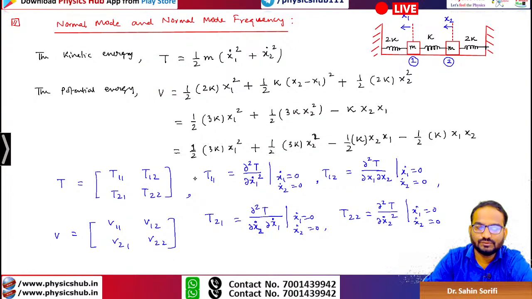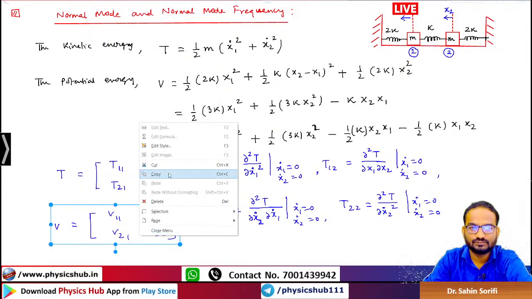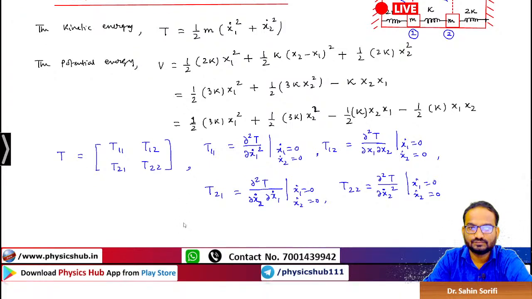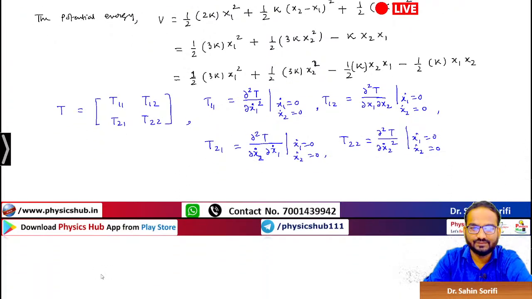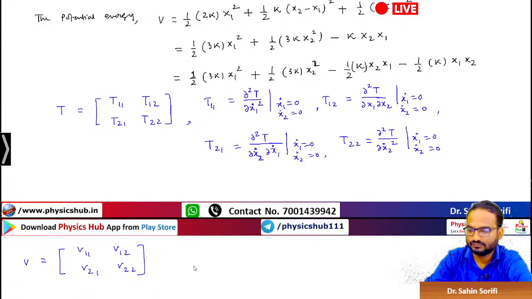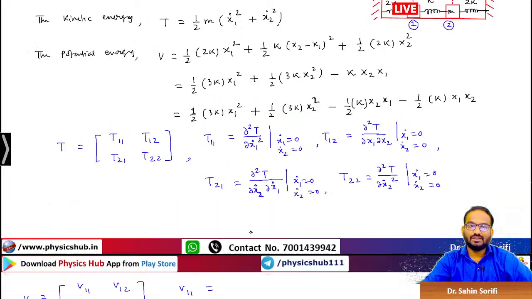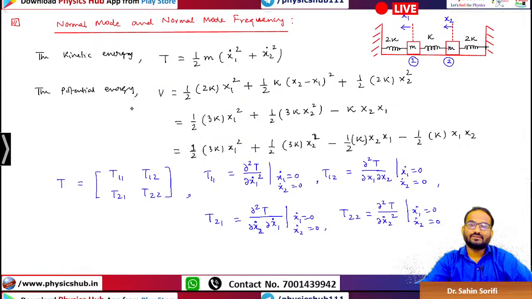Now to write this V, what we have to do? Let us try to write V. So here the elements will be something like V11. You see, in case of kinetic energy, it is a function of velocity x1 dot, x2 dot.